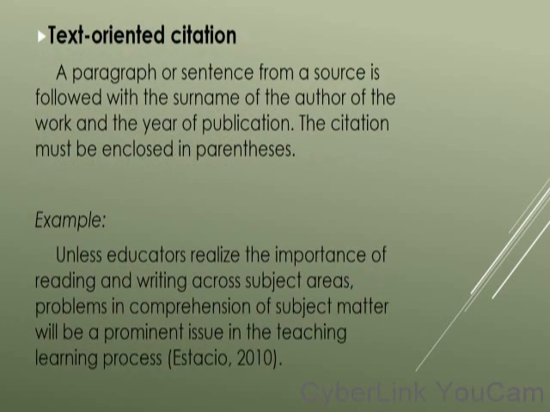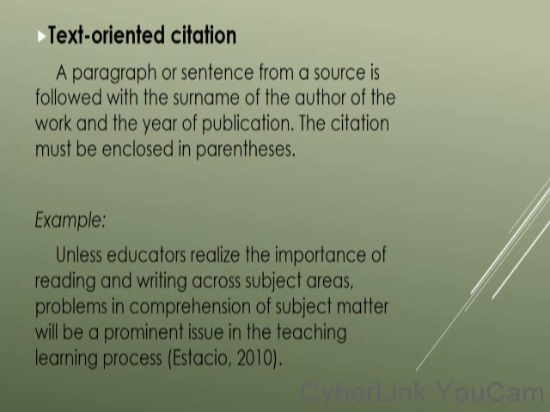Next, text-oriented citation. A while ago, author-oriented starts with the surname of the author. Now, what comes first? A paragraph or sentence from a source is followed with a surname of the author.